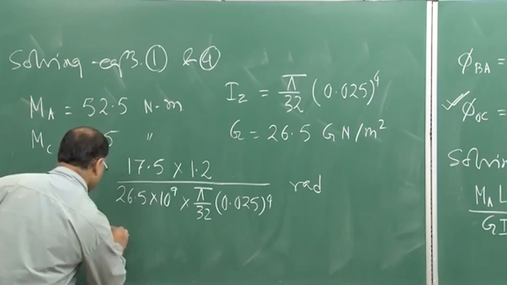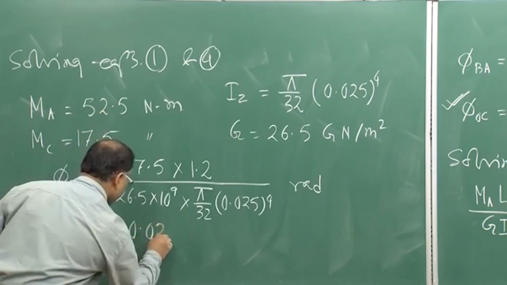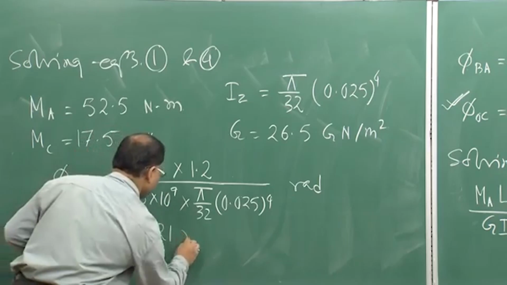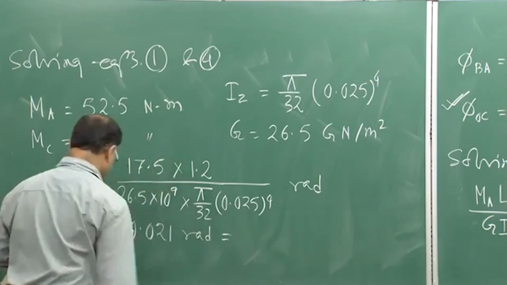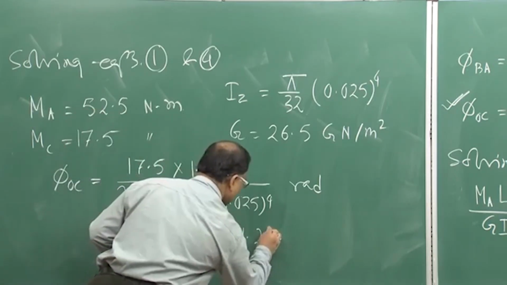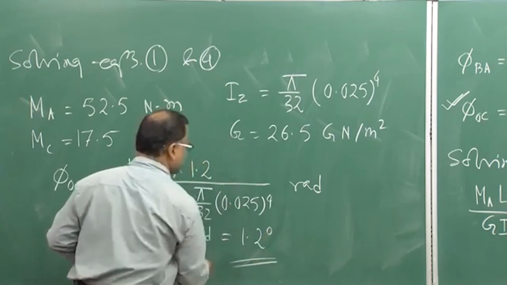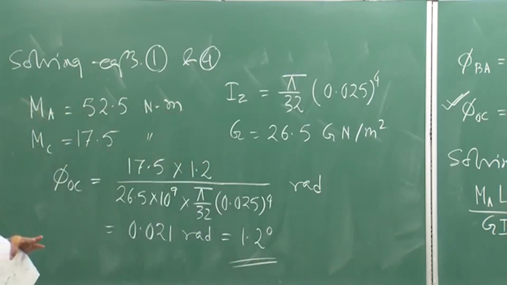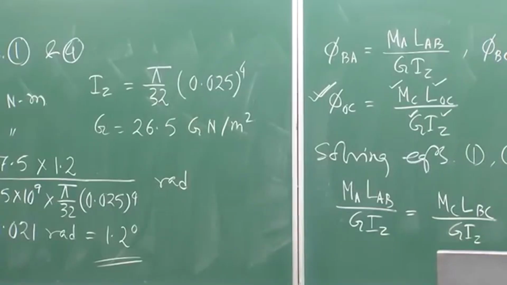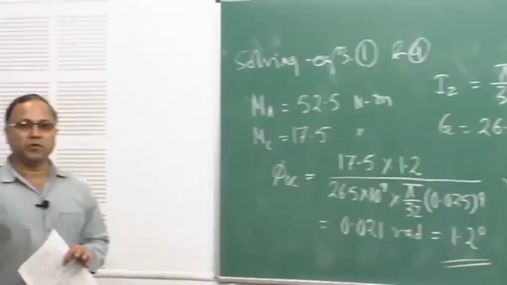That will come as 0.021 radian, which is nothing but 1.2 degree. So this is the twist at the central cross section of the shaft.